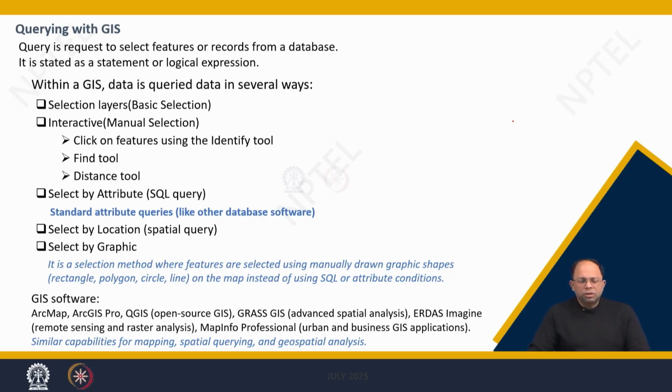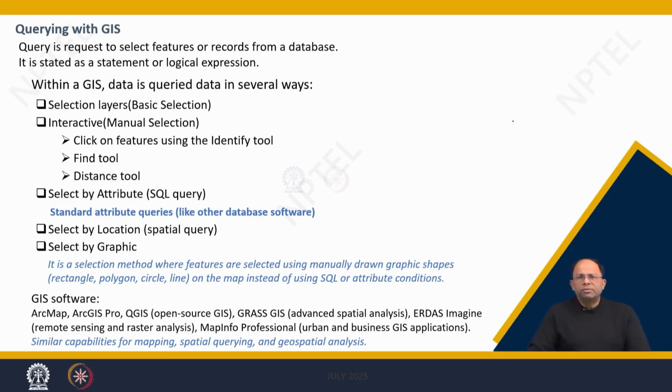These are similar to the database queries that we have done earlier when we were learning about database software. And then there is select by location, which is a spatial query, and then select by graphic. Select by graphic is more or less similar to interactive selection. It's one way of manual selection, where features are selected by manually drawing graphic shapes, such as rectangles, polygons, circles and lines on a map, instead of SQL or attribute conditions.